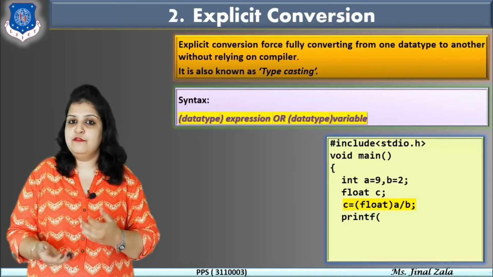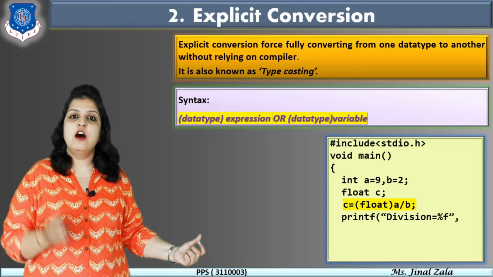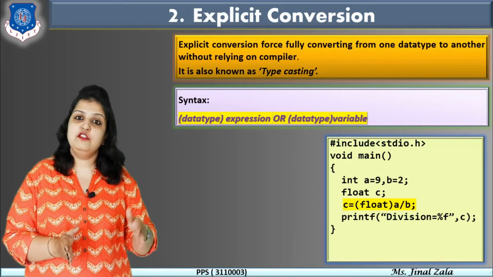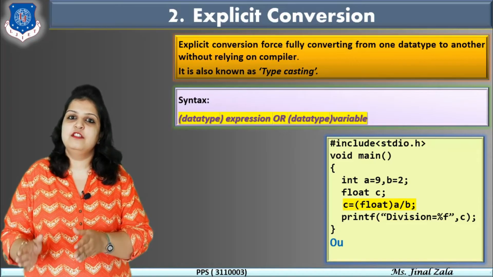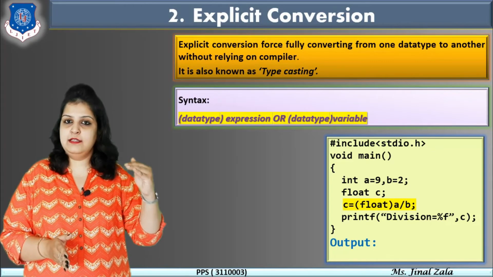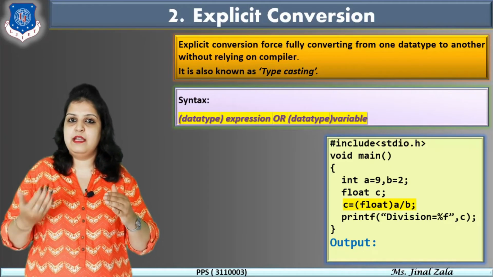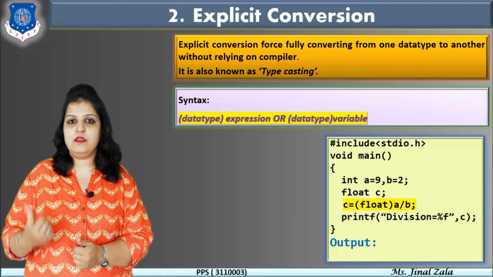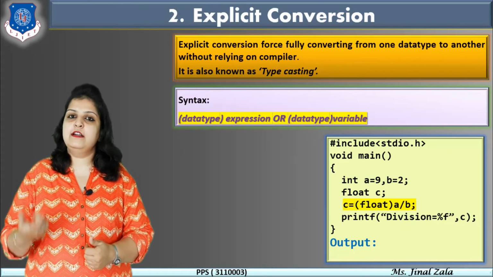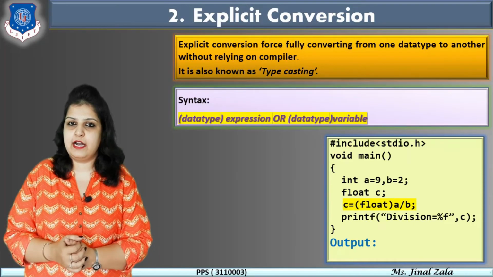So how will it execute? Only for this expression, our A variable forcefully becomes float. So it will take 9.000 instead of simply 9, and one is a float and one is an integer. So when float divided by integer executes, our integer, that is the lower data type, automatically converts into the float data type, because float is a higher data type.